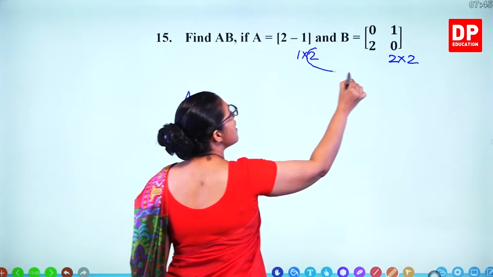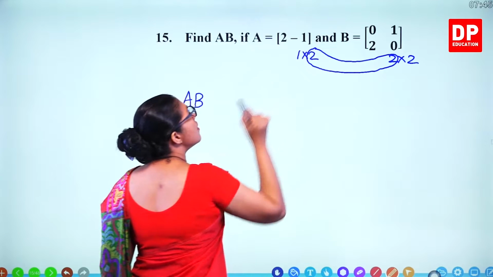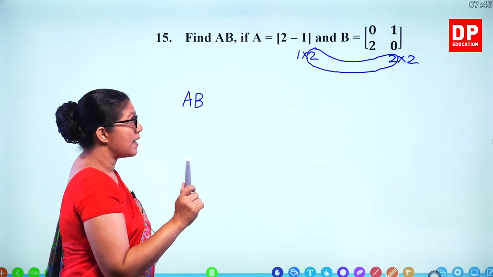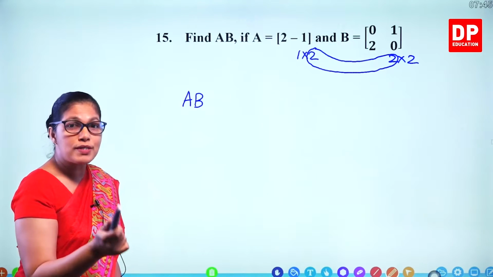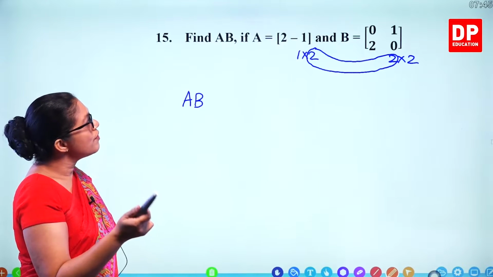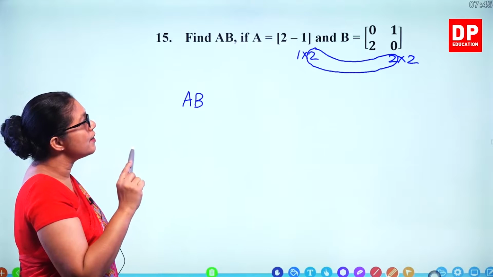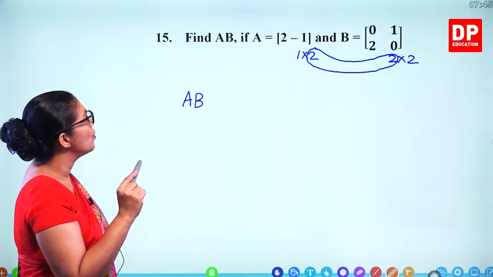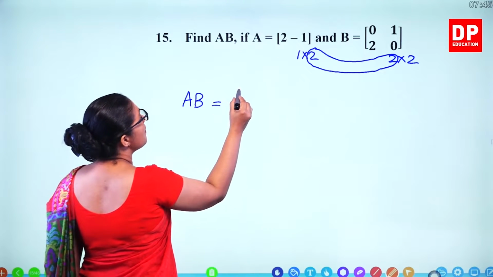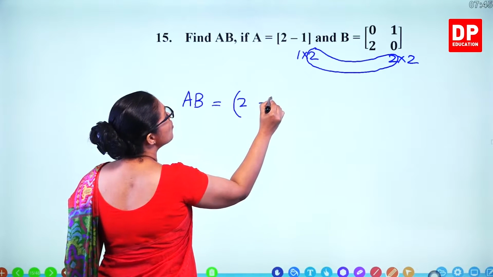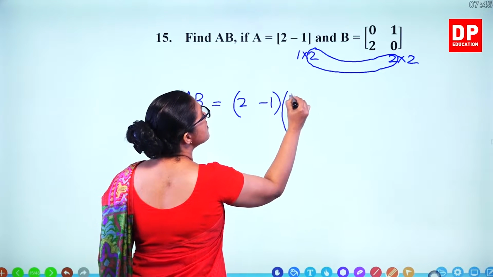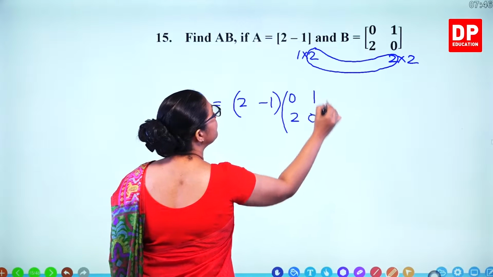Now see, the number of columns in the first one is equal to the number of rows in the second matrix. So then you can multiply. So what's the resulting matrix? You get 1 by 2. Now we'll multiply 2, minus 1, 0, 1, 2, 0.